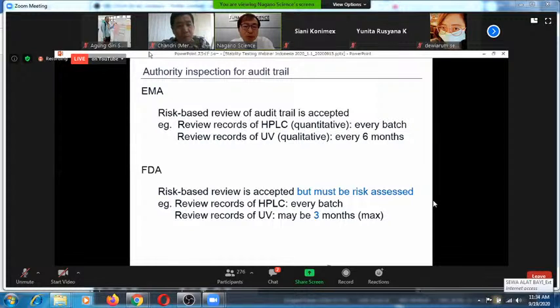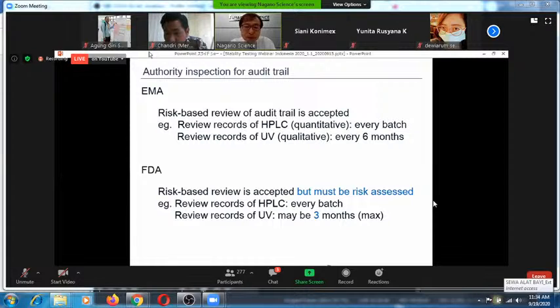In Europe, they say risk-based review of audit trail is accepted. For example, for review of HPLC results, which are quantitative, you have to do every batch. For review of UV records, which are qualitative, you can do the audit trail every 6 months or every 1 year. That is more the risk feeling of the EU people.